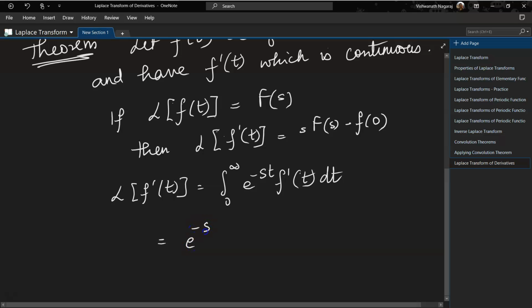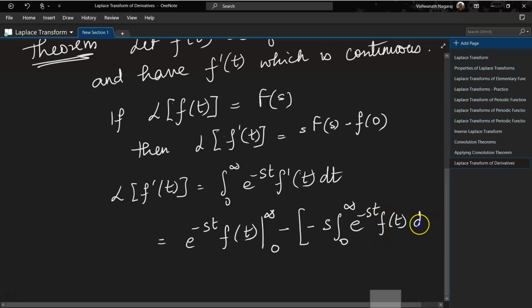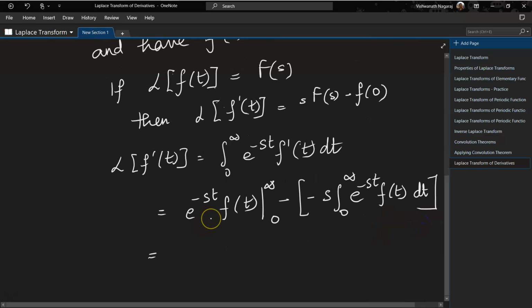So e to the power of minus st f of t evaluated from 0 to infinity, minus the integral of the derivative of e to the power of minus st, which gives minus s times the integral from 0 to infinity of e to the power of minus st f of t dt. Let's evaluate this.